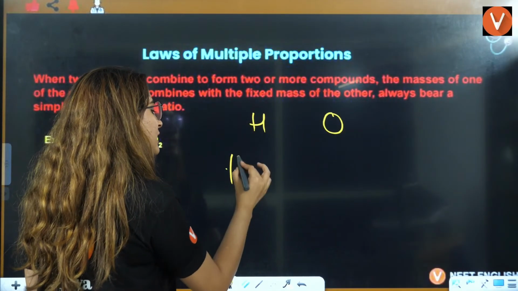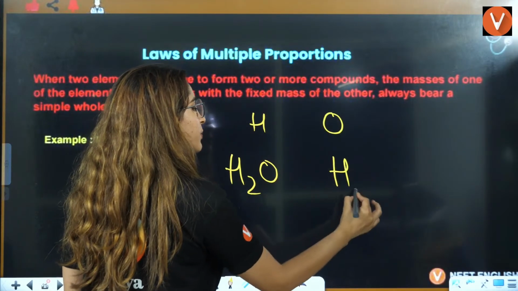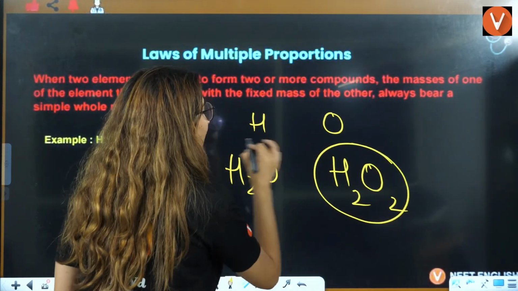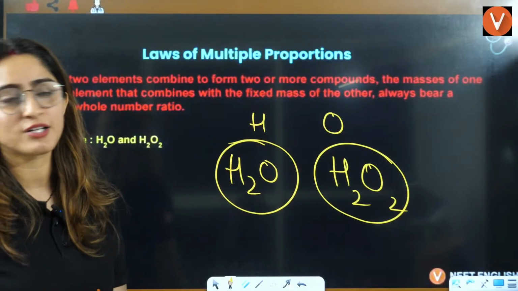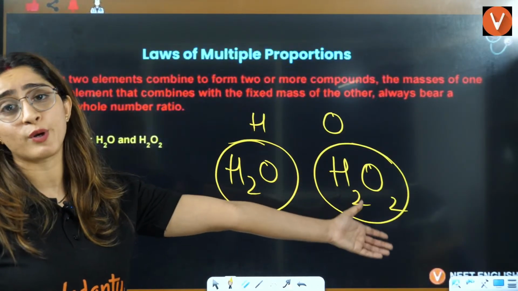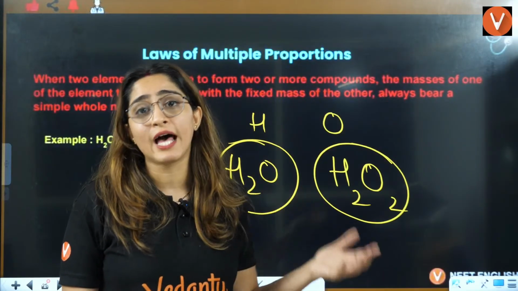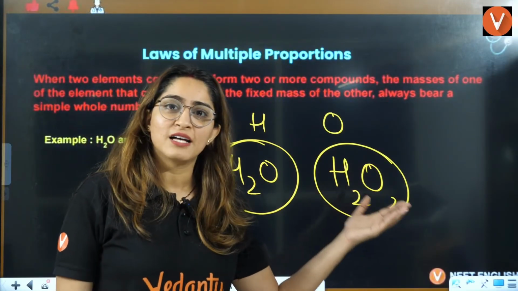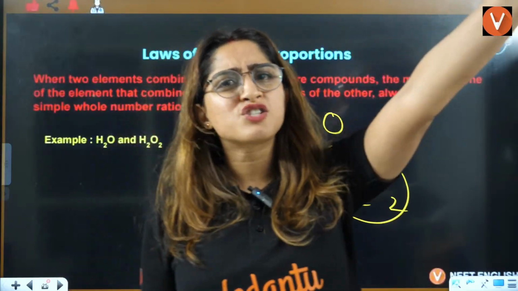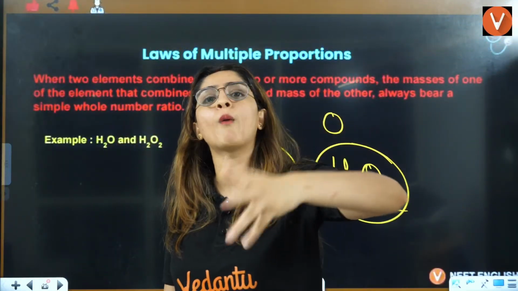They can combine in different proportions to form entirely different products. Now this is water, this is hydrogen peroxide. You can drink water, you can't drink hydrogen peroxide, you will die, right? So just one oxygen extra and entire properties are changed.